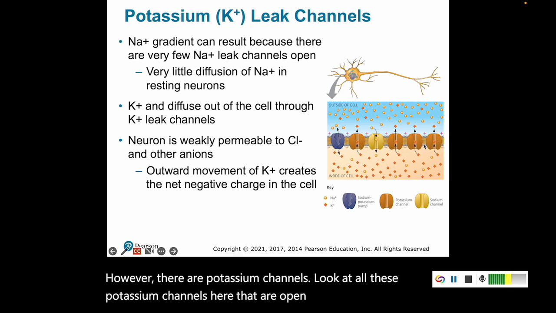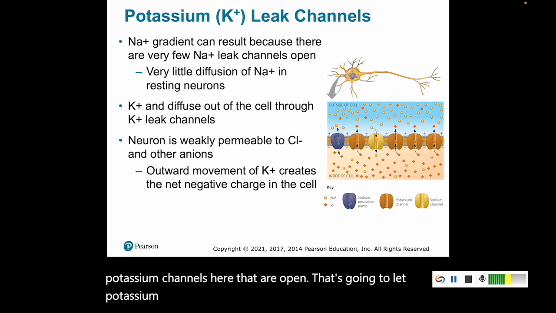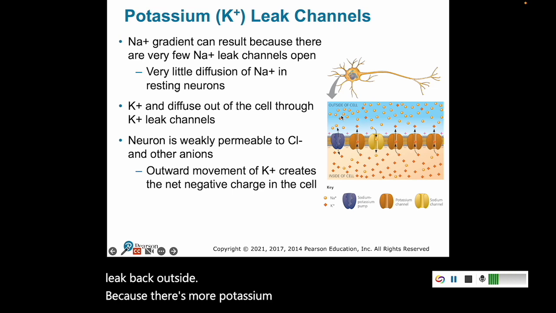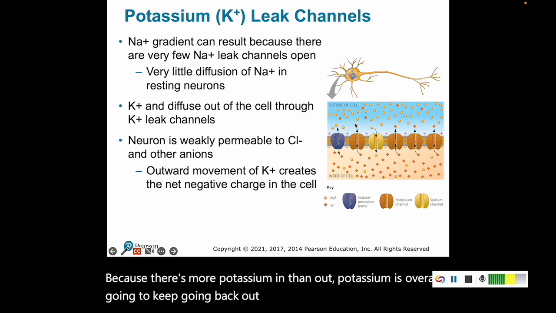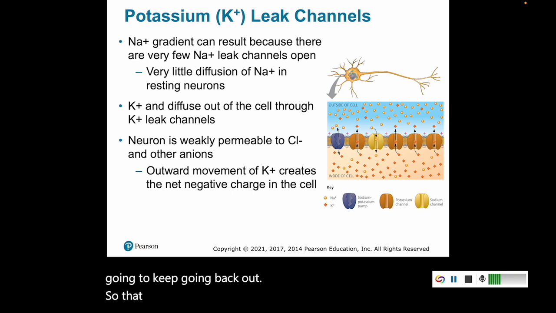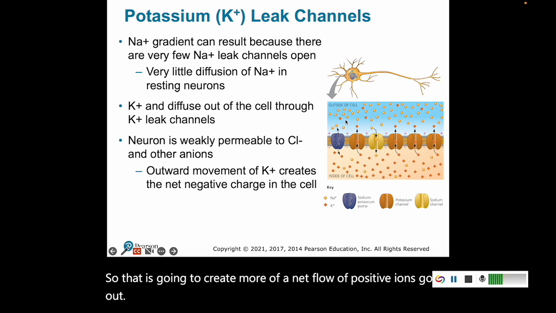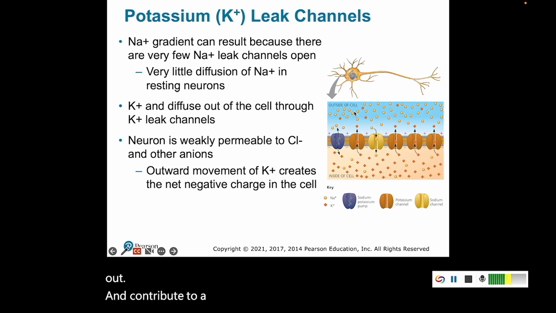That's going to let potassium go down its concentration gradient, so it's going to leak back outside. Because there's more potassium in than out, potassium is overall going to keep going back out. So that is going to create more of a net flow of positive ions going out and contribute to a positive charge outside of the cell.